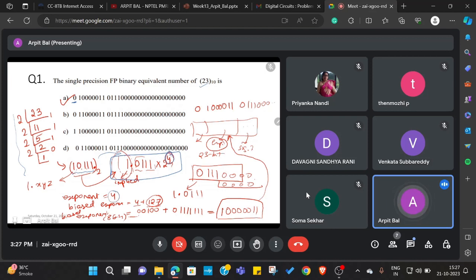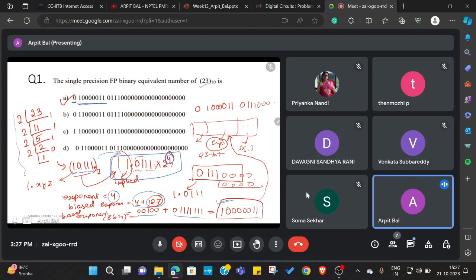To make it biased exponent, I add 127 to it. Here I just represent their binary equivalent. So 4 is 00100 and 127 is this particular number, and after performing the addition, whatever value we obtain is the biased exponent that goes here.